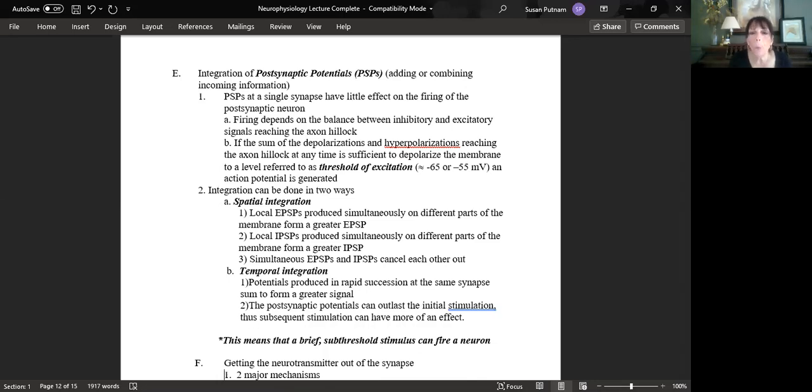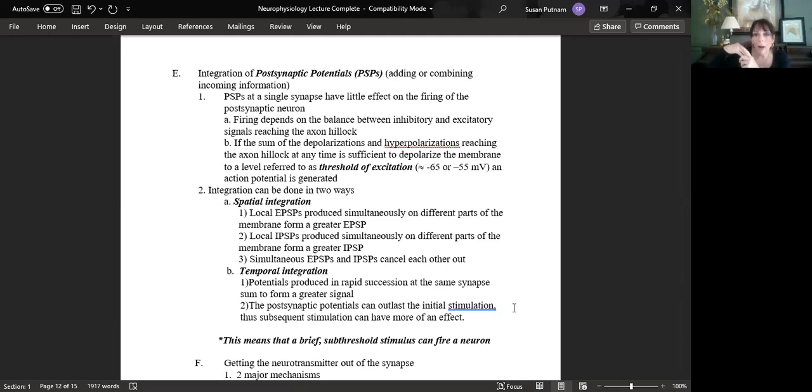One important thing is that the postsynaptic potentials can outlast the initial stimulation. In other words, you can have some potentials, and now they're still there, and they're traveling.